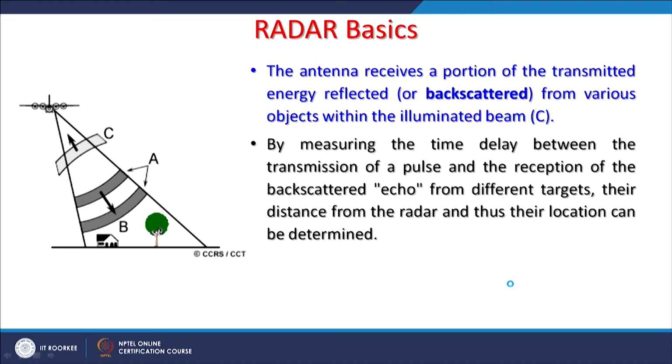There will be some time delay depending on the properties of the objects on the surface. So, by measuring the time delay between transmission of the pulse and reception of the back scattered echo from different targets, their distance from the radar and their location can be determined.